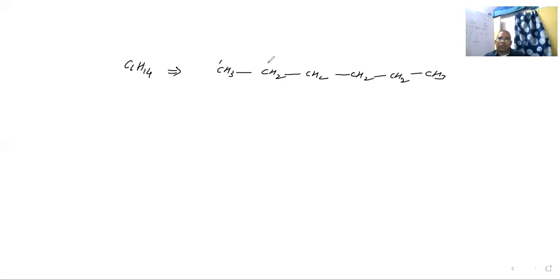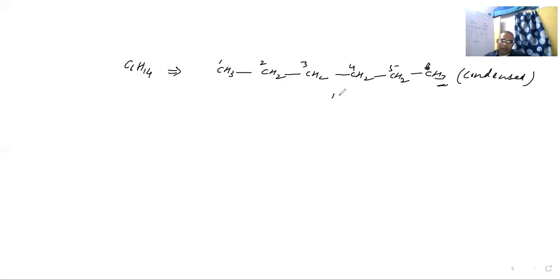You can count: 1, 2, 3, 4, 5, and 6. Why 3 hydrogens at the last position? Because carbon valency is 4: 3 hydrogens and 1 bond make 4, 2 hydrogens and 2 bonds make 4. So this way we have to represent. Now this is the condensed formula.